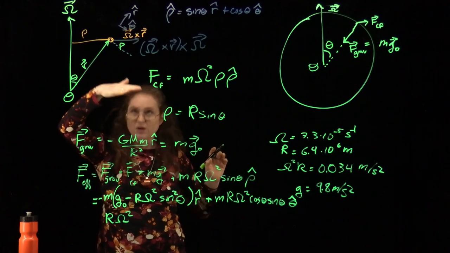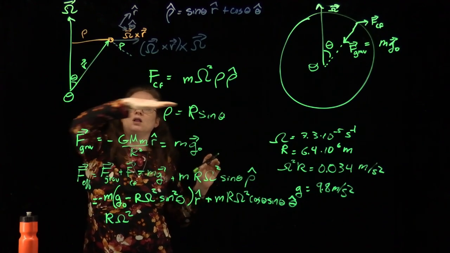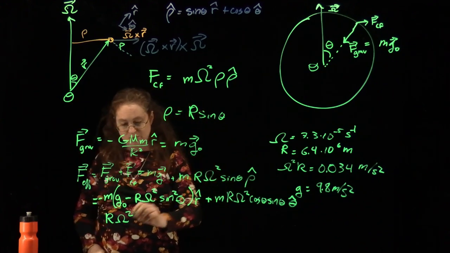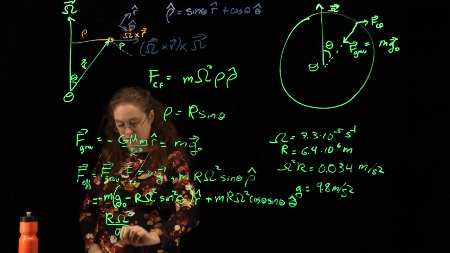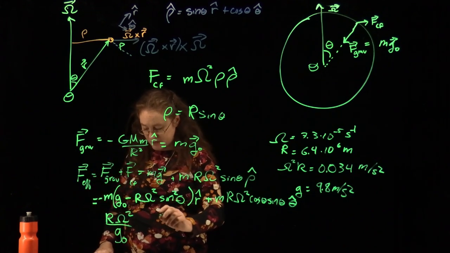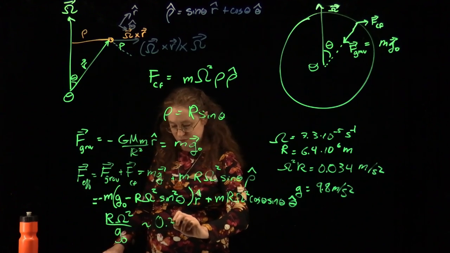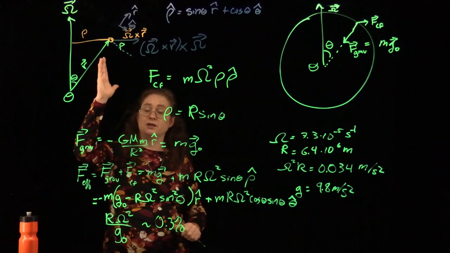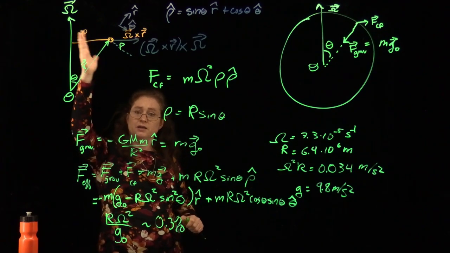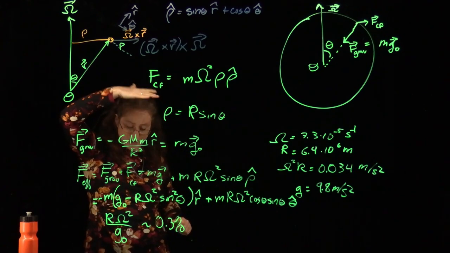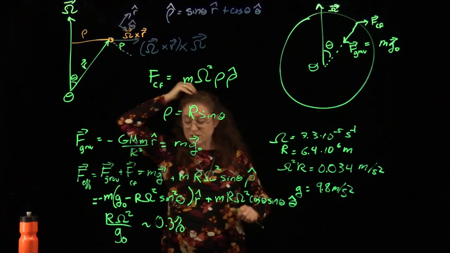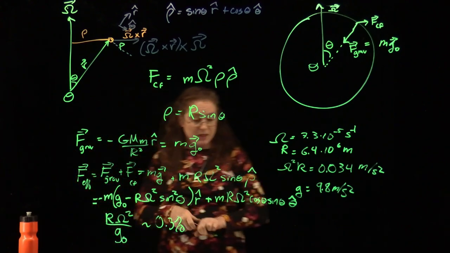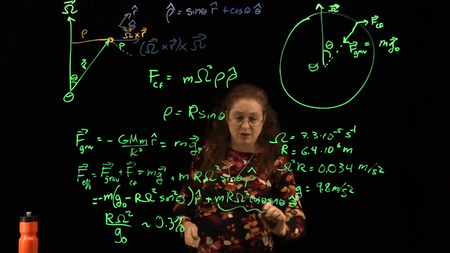And at the equator, this is the maximum change from g. So we want to look at the maximum change from g. And this works out to be about 0.3%. So there's a difference between the effect of g at the poles and at the equator of about 0.3%, which is small but measurable.